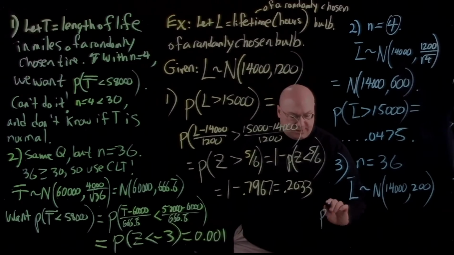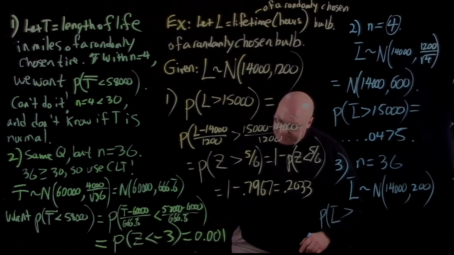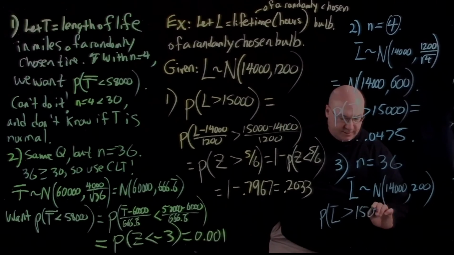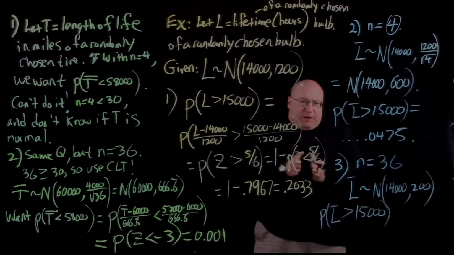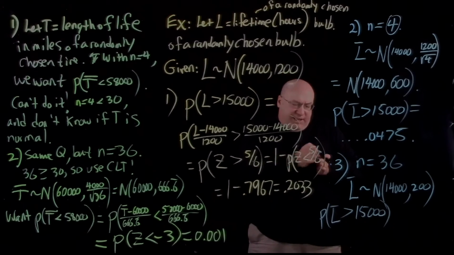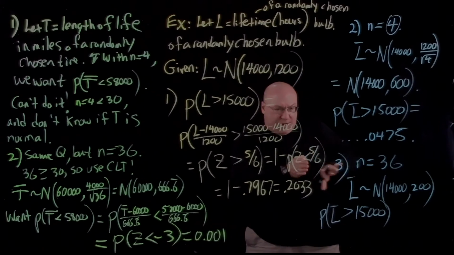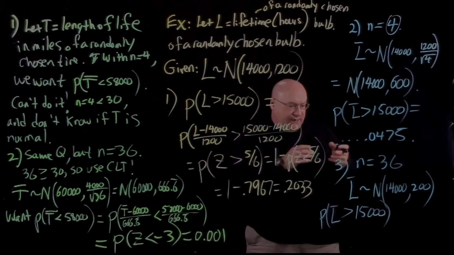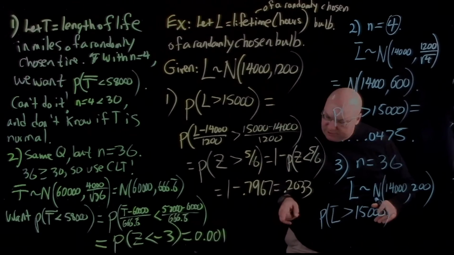And the answer turns out to be the probability that L bar is greater than 15,000. Well, now I've got a bigger sample, so I've pulled that probability in even more. So that 15,000 that's out here, in terms of standard deviations, it's farther away from the 14,000 than ever before. So I expect it to have a small tail probability associated with it.